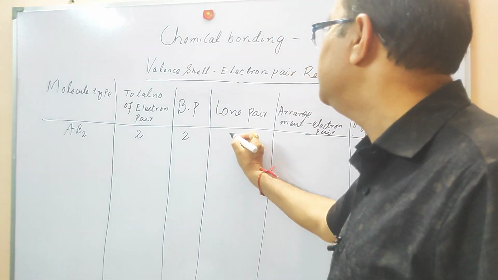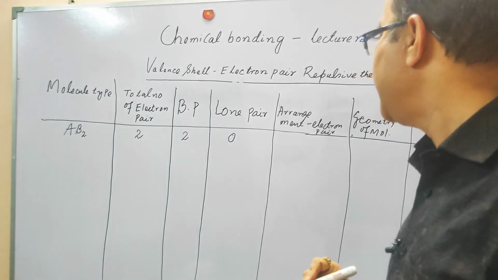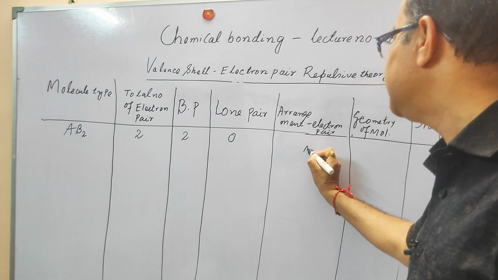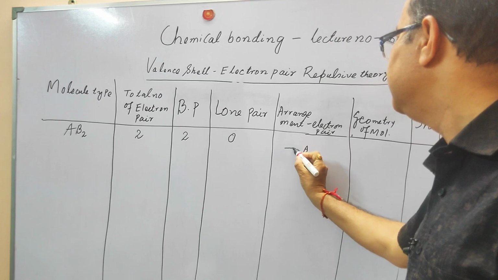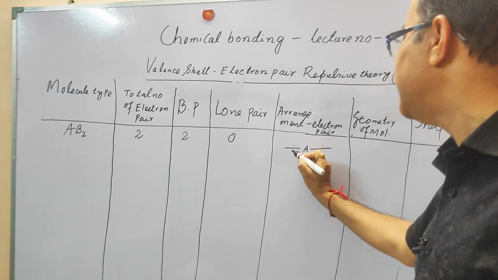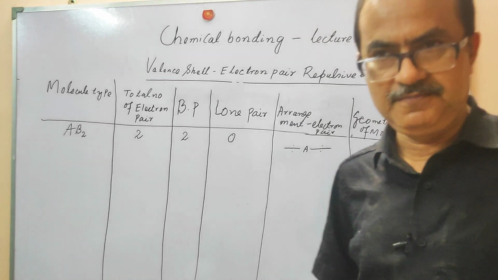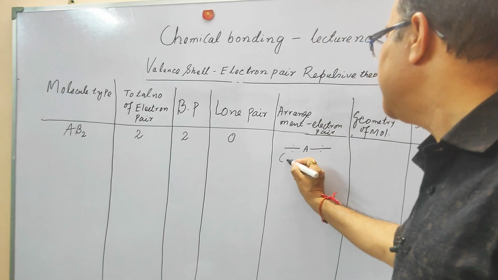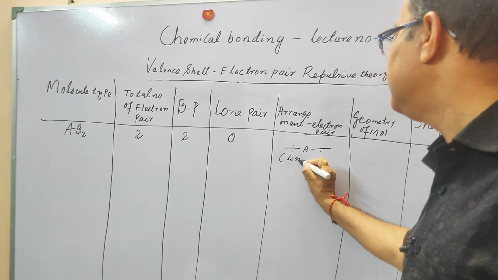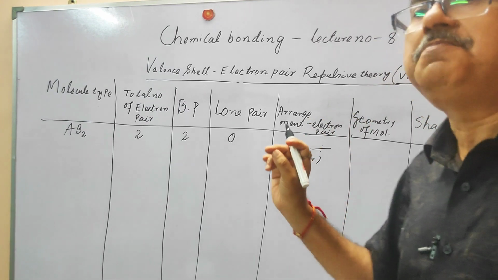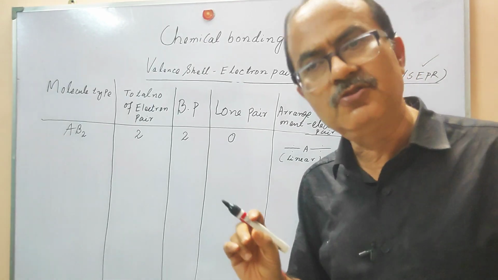Bond pair is 2, lone pair is 0, and the arrangement of the electron pairs around central atom A will be linear, because in this position there will be the least repulsive interaction between the electron pairs.